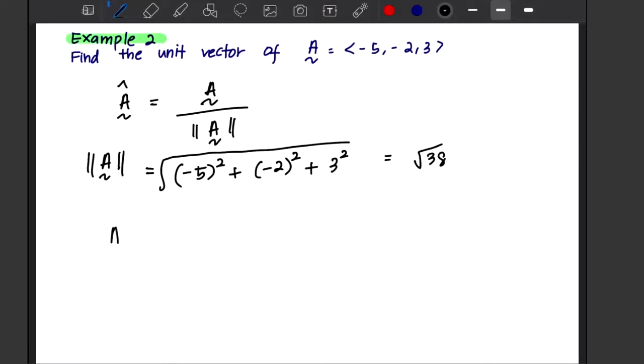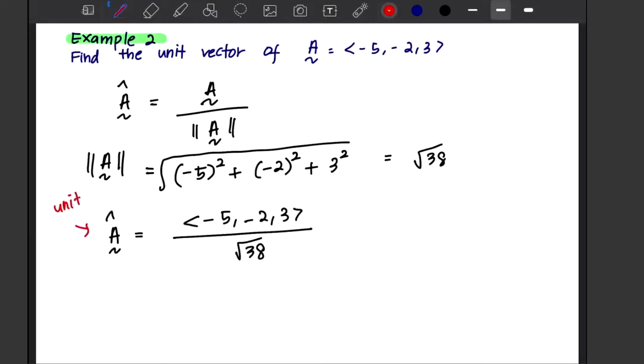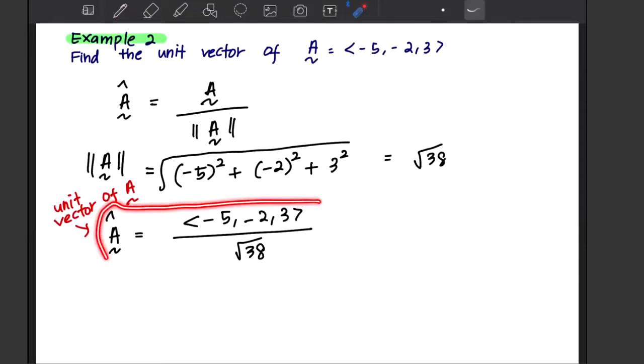So the unit vector of A equals negative 5, negative 2, 3 divided by square root of 38. This is the unit vector of A. The magnitude of this vector is 1. You can try it.